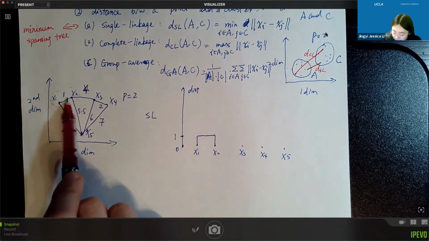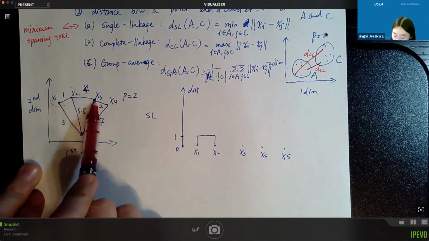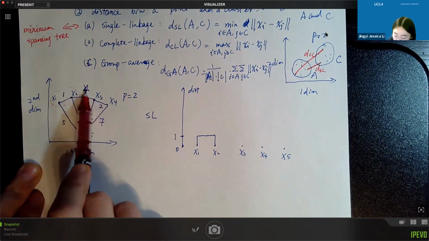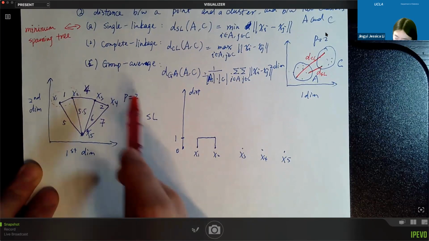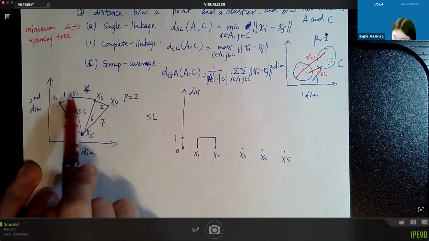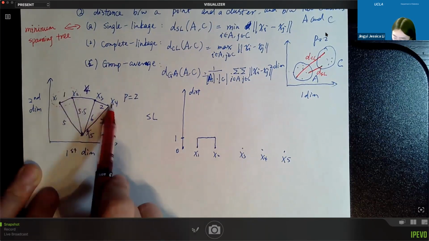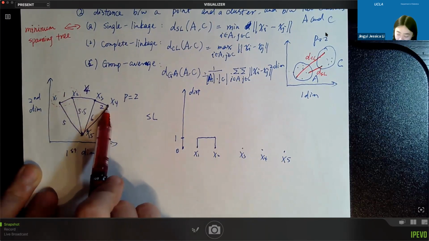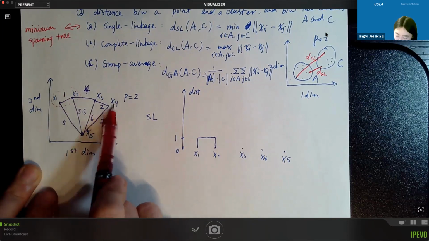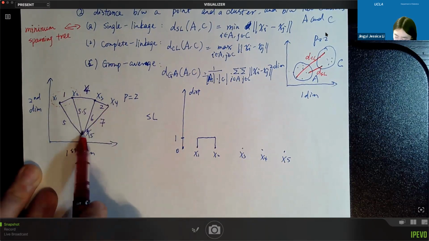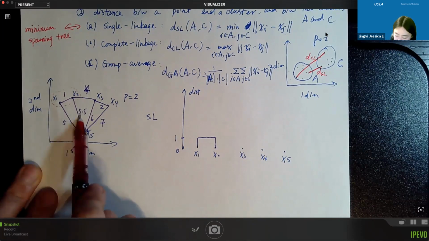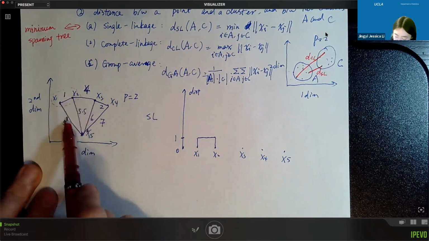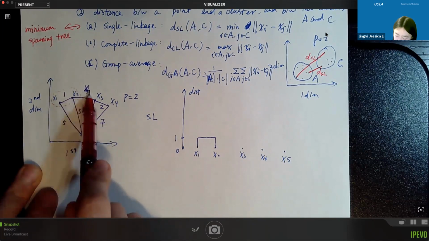Between the cluster and x3, the distance by single linkage will be 4 because x2 is closer to x3. And clearly, the single linkage distance between the cluster and x4 will be larger than 4 because x4 is farther away. So we don't consider that. And x5, single linkage distance with the cluster will be 5 because we're picking the minimum of 5 and 5.5. So comparing 5 and 4, 4 is smaller.